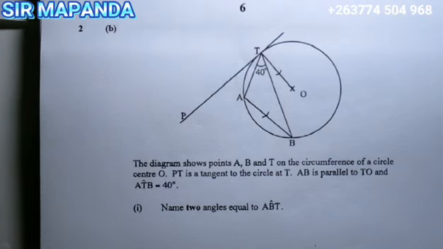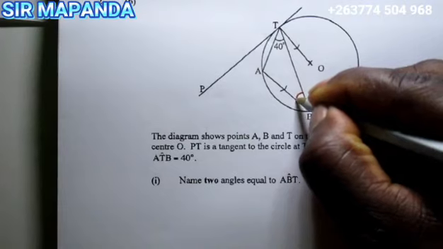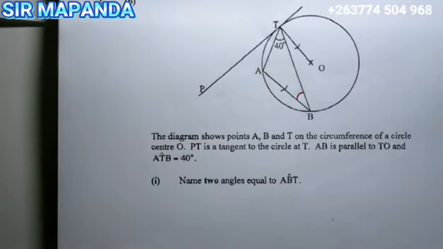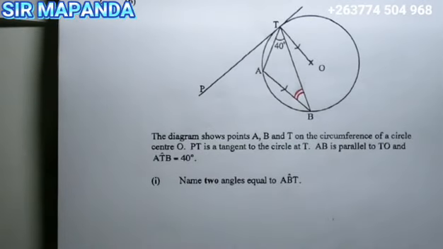The question is not requiring you to calculate the angle ABT, but to name two angles which are equal to ABT. I hope you are listening. Right, so what is ABT? So this is ABT. We want to identify two angles which are equal to ABT.